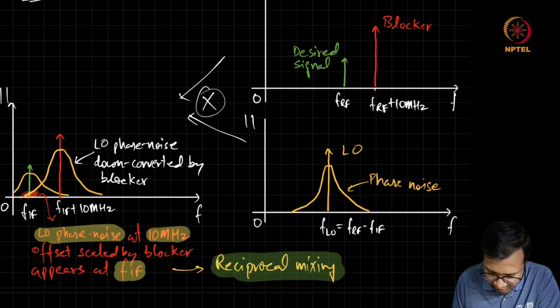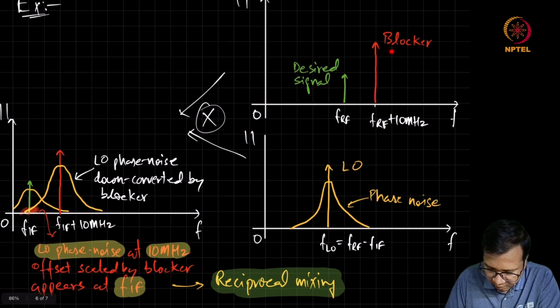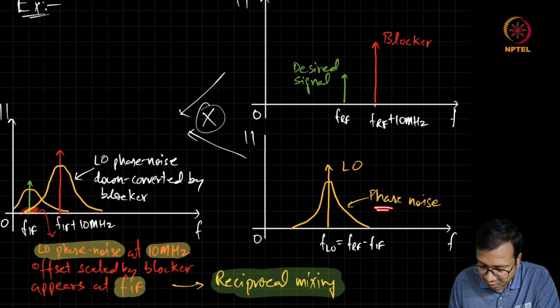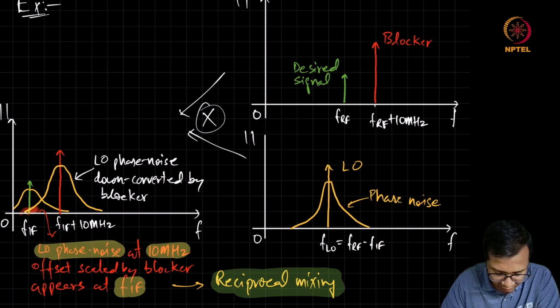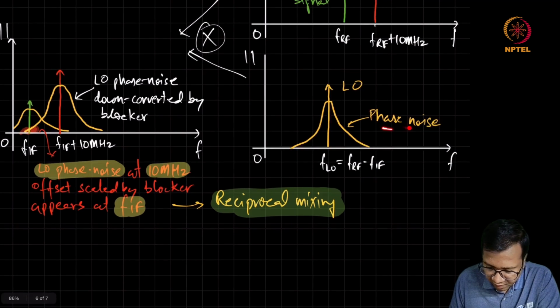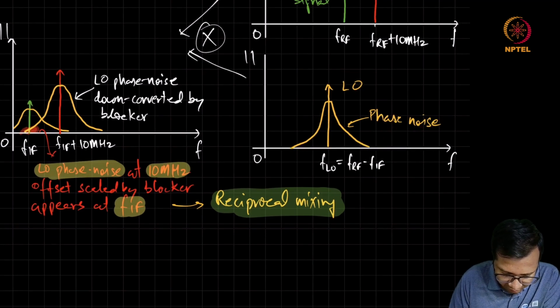This can be a serious problem if the blocker strength is very high in addition to the phase noise present in the LO. So now let us try to understand how much of the LO phase noise we can tolerate for a given requirement.